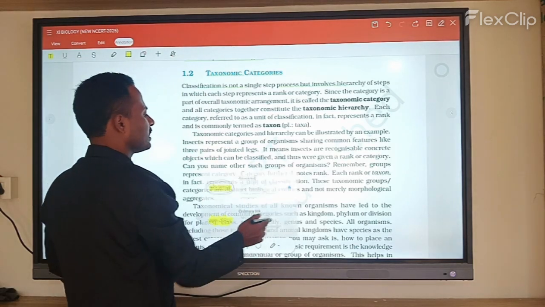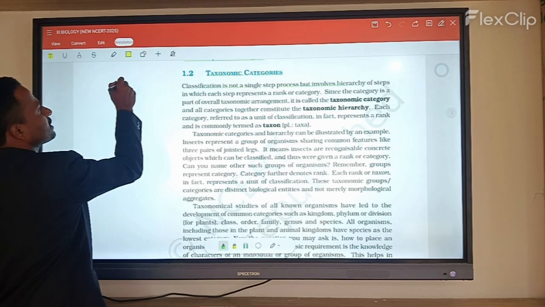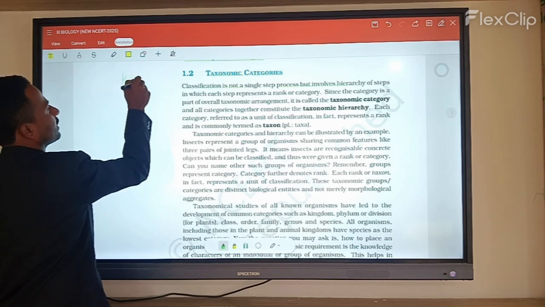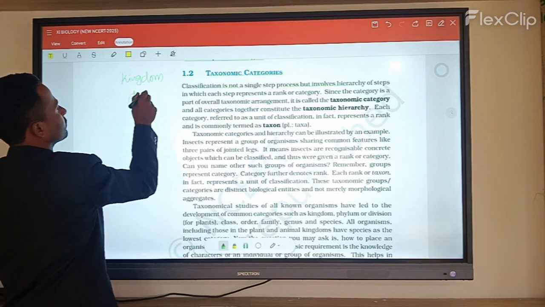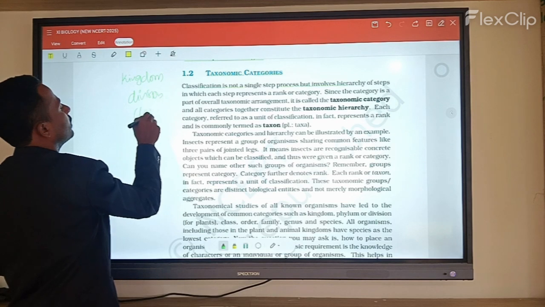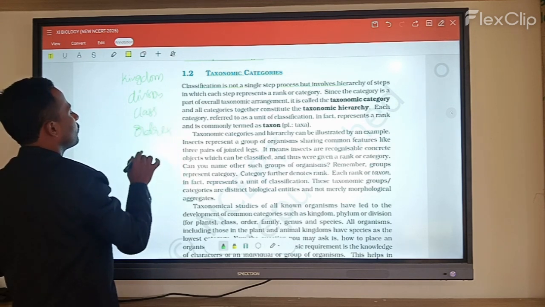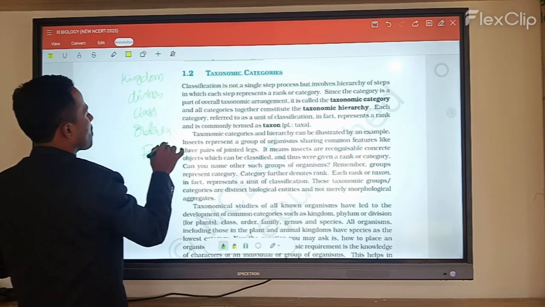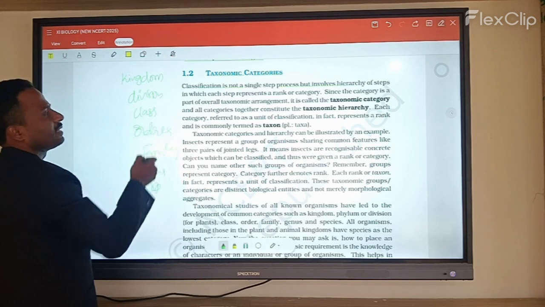In the hierarchy, the categories are kingdom, division, class, order, family, genus, and then species. These are the different hierarchy levels.